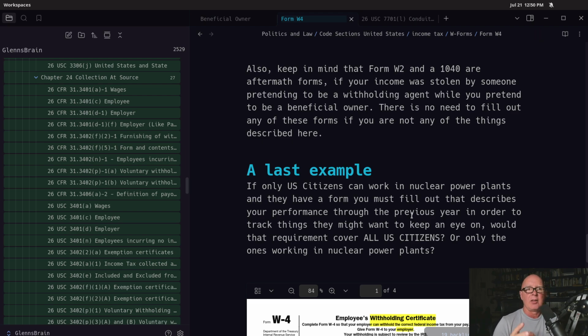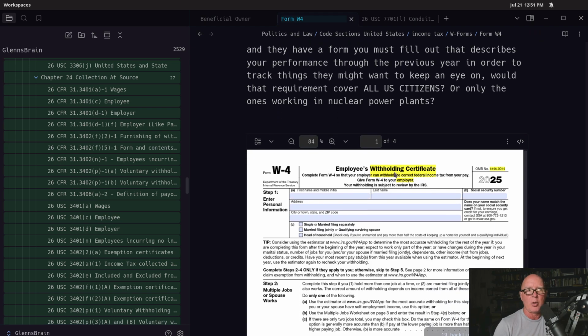So we need to understand what it is we're actually doing when we sign a W-4, because we've been led to believe, and here is the W-4, it's an employee withholding certificate. We've been led to believe that the withholding certificate was there for us to put in how many exemptions we wanted to take.